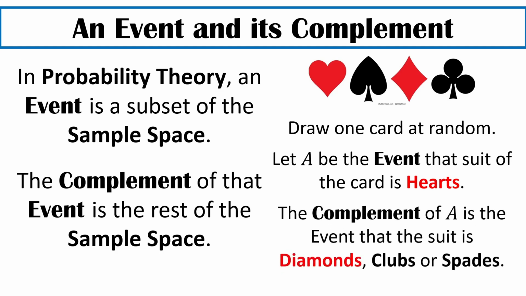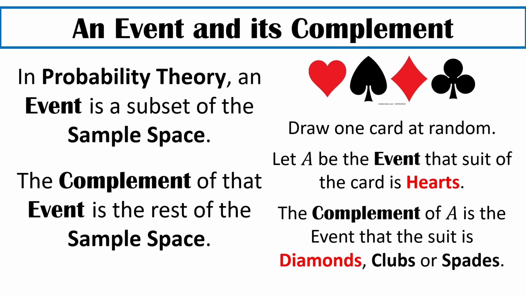Then the complement of A is the event that the suit is something else. So it could be diamonds, clubs, or spades. In other words, we can define an event to be some specific outcome, some specific subset of the sample space. Remember, the sample space is the set of all possible outcomes.